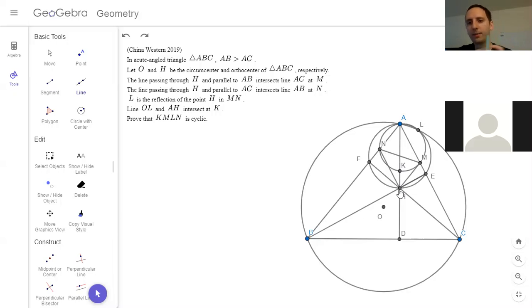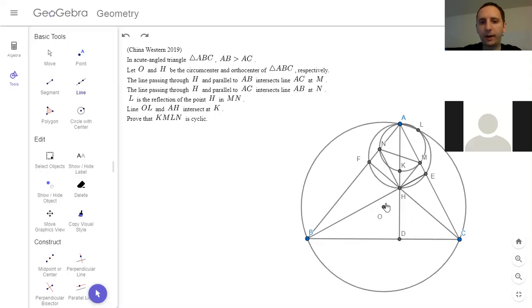And from there, that's true by the same spiral similarity. But then, once we know this, it implies LMA equals LKA. Yeah, but we know LMA equals LK.